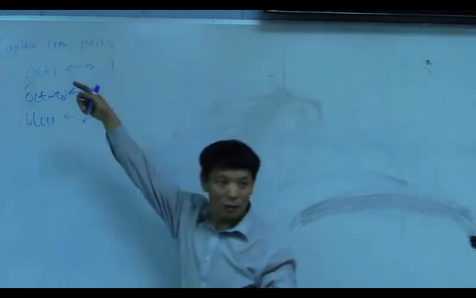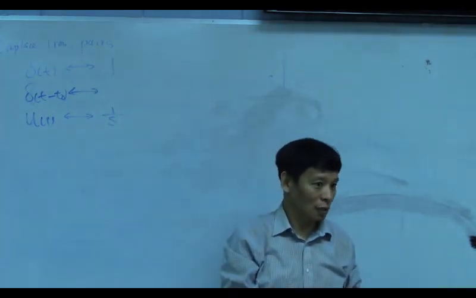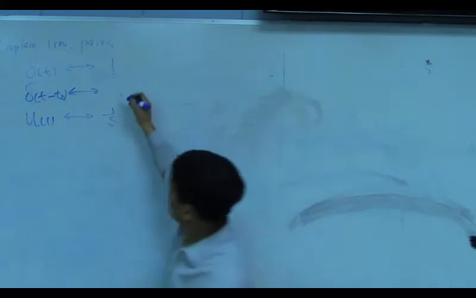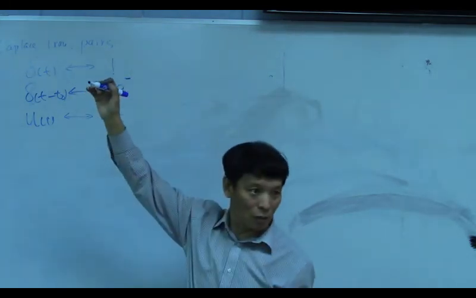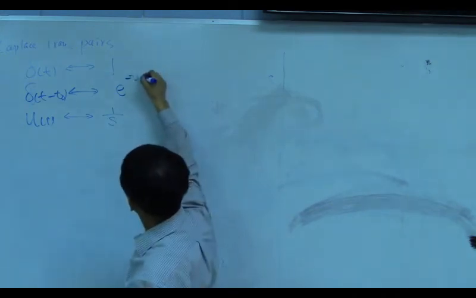What is this? That is called time delay. It will be equal to this one times an exponential, e to the negative t sub 0 times s.